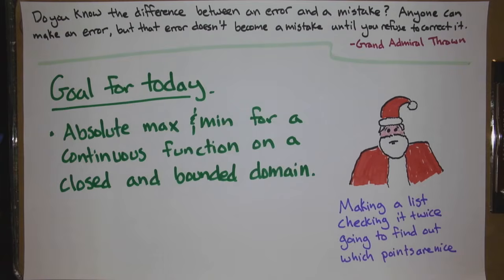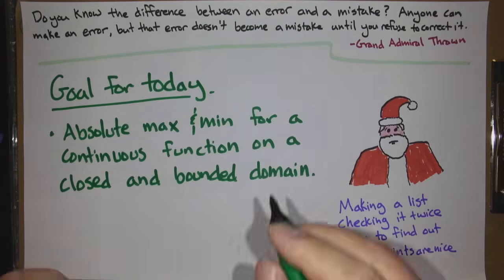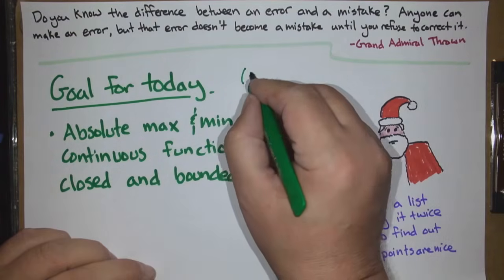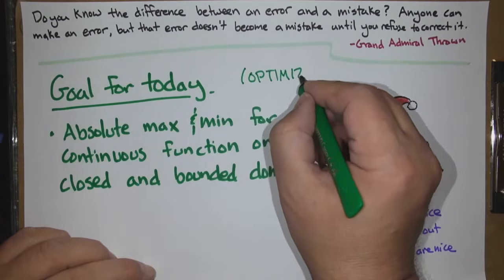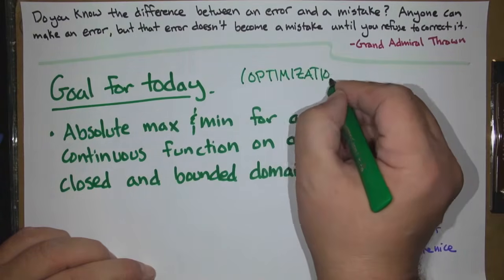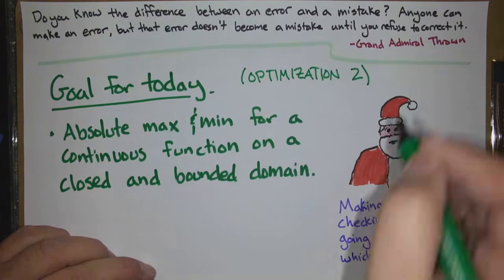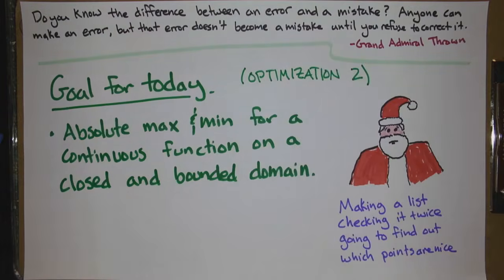All right. Well, now what's our topic for today? I should note, we should have titled this Optimization Number 2, because last time we called it Optimization Number 1. So there's 3 days of optimization. And today's goal is very focused on a very particular idea.